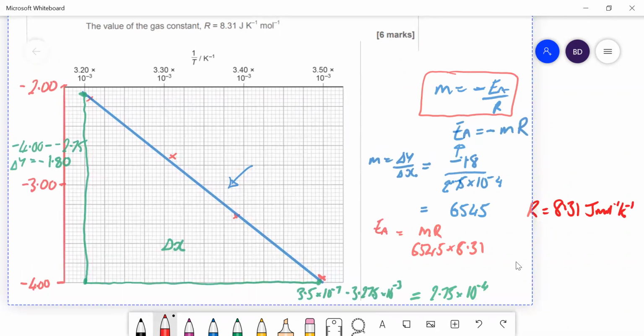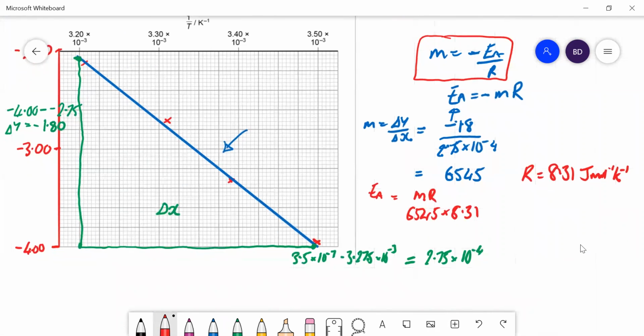Okay, so let's do that. So 6,545 times 8.31 gives you 54,400 and something. Okay, that's three significant figures. That's joules per mole. Convert to kilojoules, 54.4 kilojoules per mole.